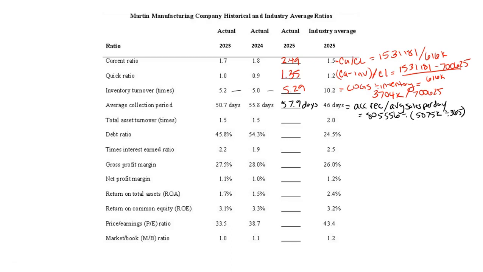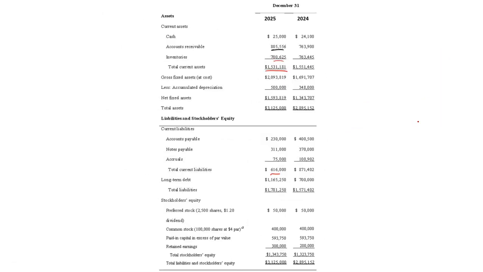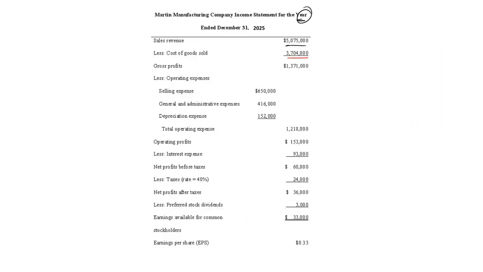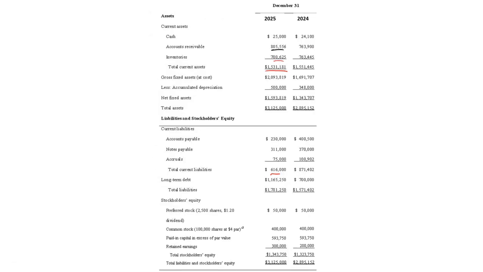Total asset turnover is next, and total asset turnover is calculated as sales divided by total assets. Sales divided by assets. So our sales is found on the income statement, $5,075,000, and assets is found on the balance sheet, and for that we have $3.125 million.